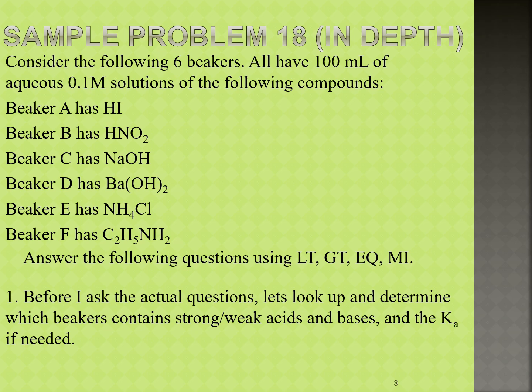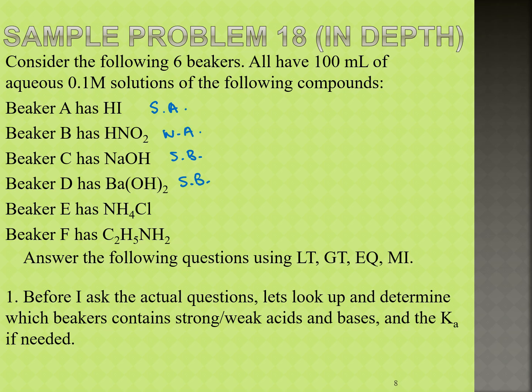All right, so if we look, beaker A is going to be a strong acid. Beaker B is a weak acid. C, strong base. D, strong base. E, all right, we have NH4 plus. So that's going to be a salt, so that's going to be a weak acid.